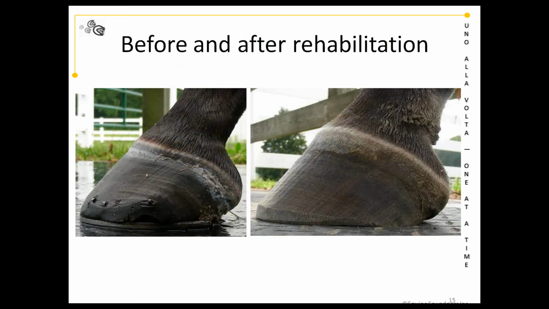By the way, I met a lady one time who brought a horse and had me trim the horse, and the horse was sound in one trim. And she said this horse was not diagnosed with navicular syndrome, it was diagnosed with navicular disease.